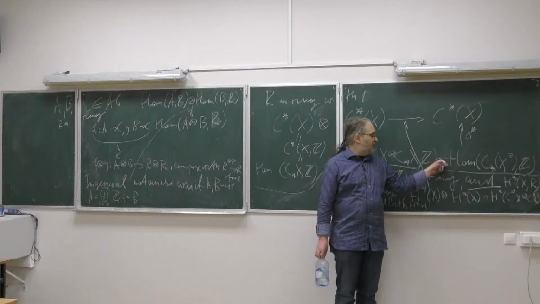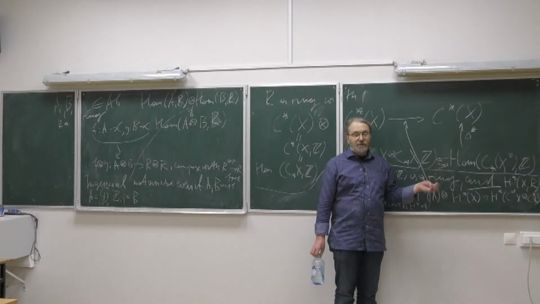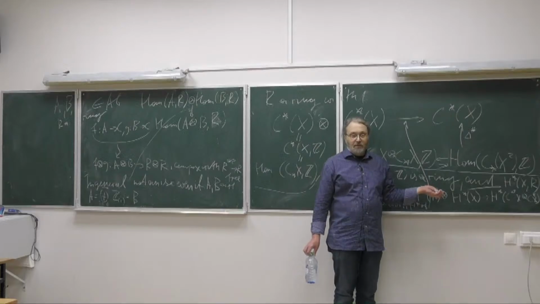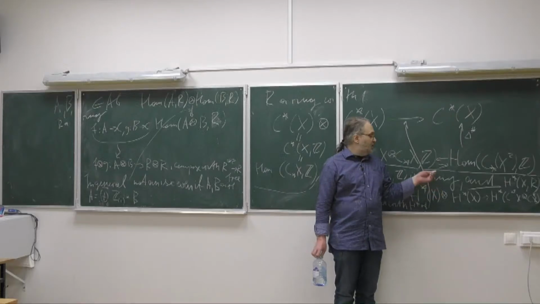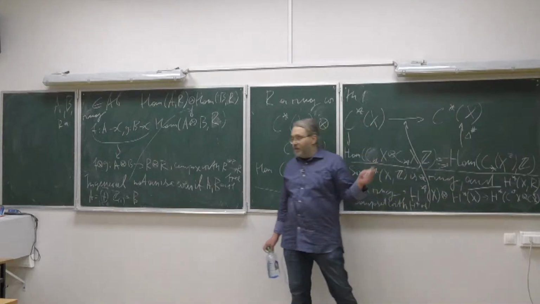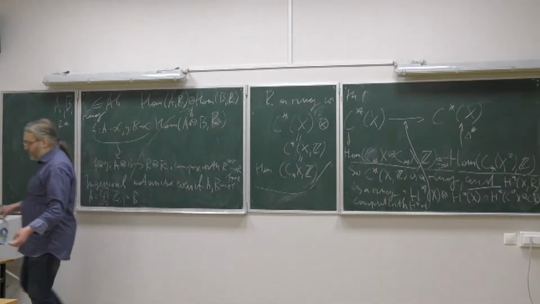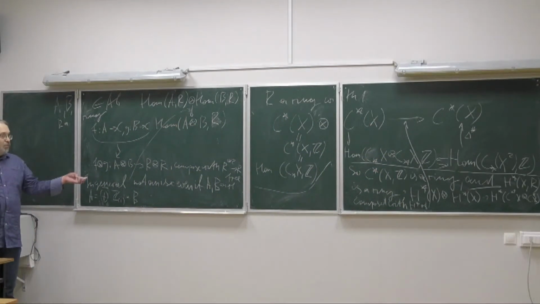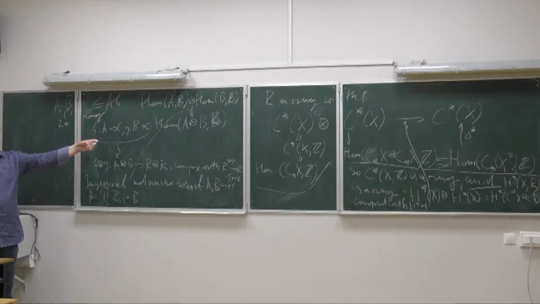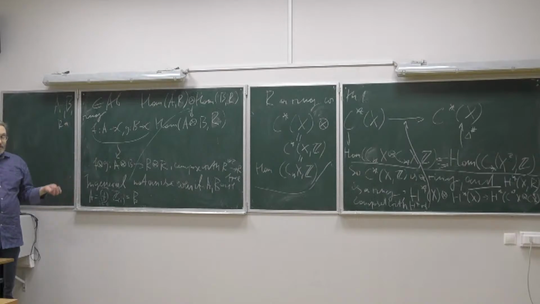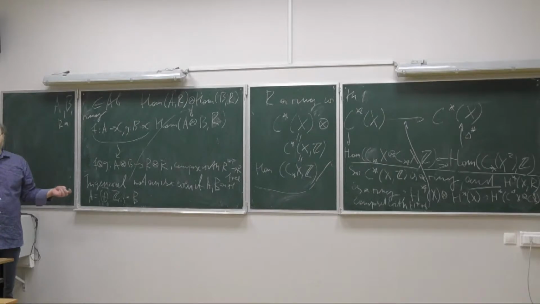Namely, these two arrows, we don't know what they are. Well, once we know the origin of the cup product, there is nothing wrong with having an explicit formula.